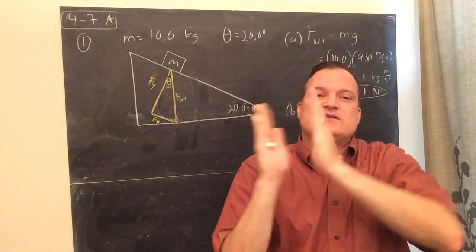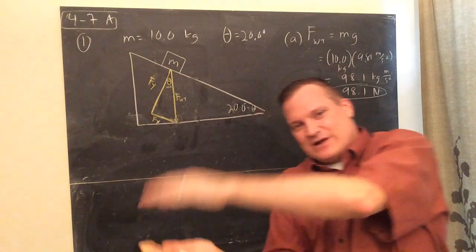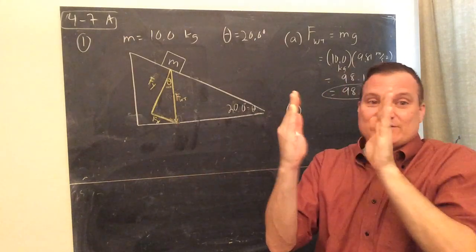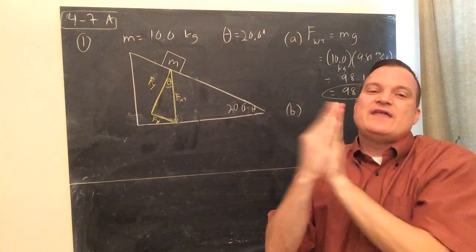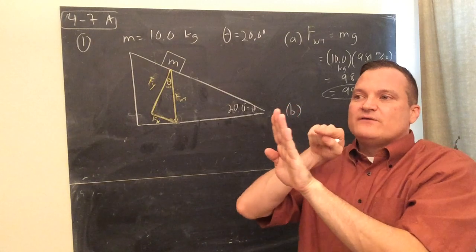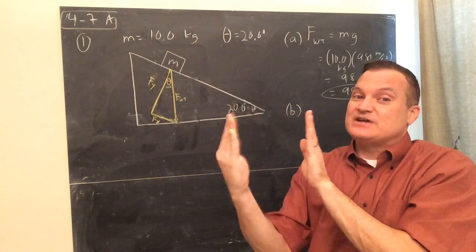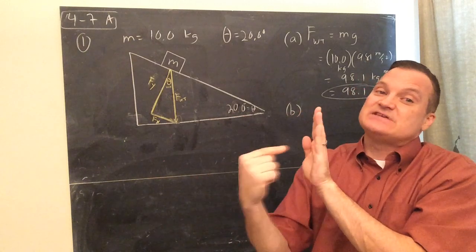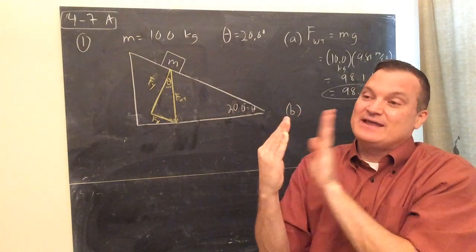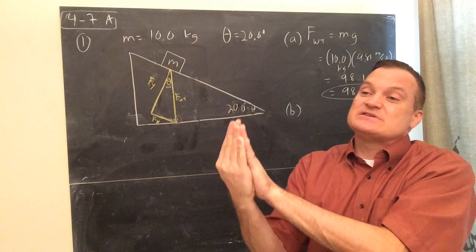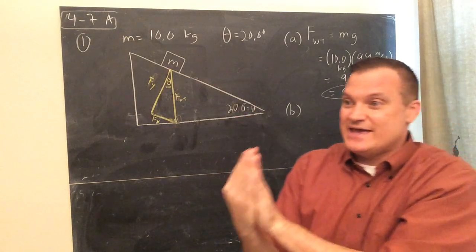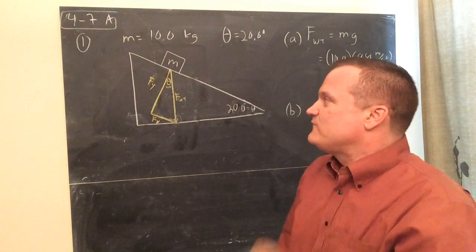Even if you're pushing them, when they're in contact, object A is putting a force on object B, and object B is putting the same but opposite force on A. Remember we talked about that. A puts a force on B, B puts the same but opposite direction force on A. That's the third law. Well, normal force is that way.